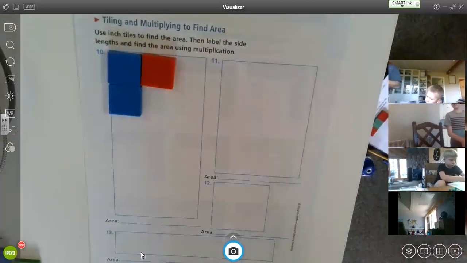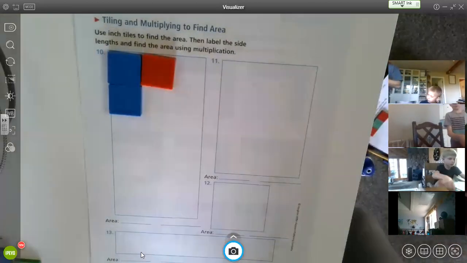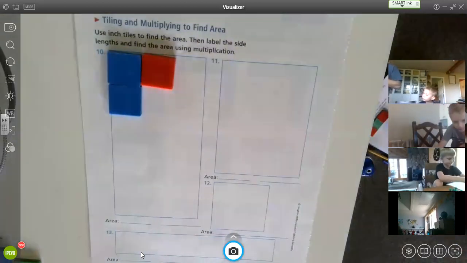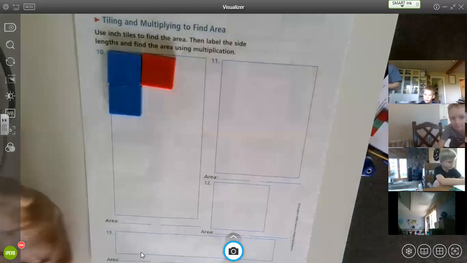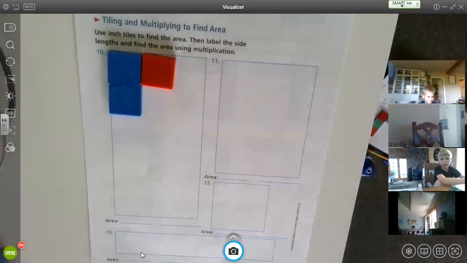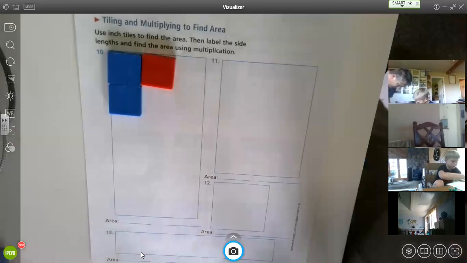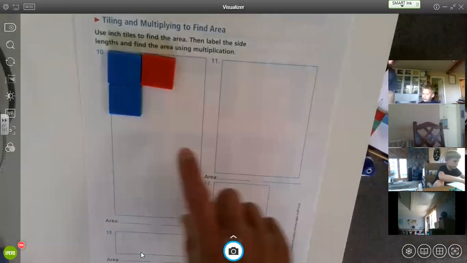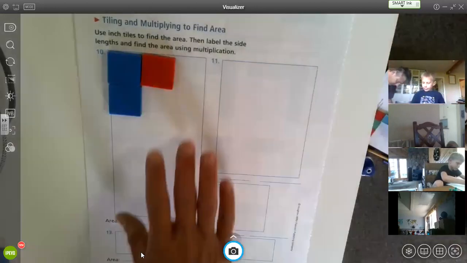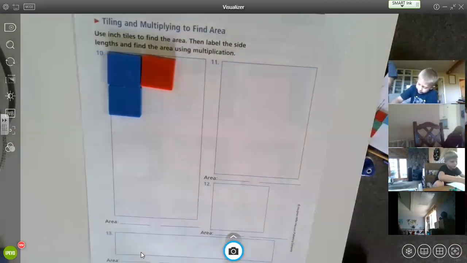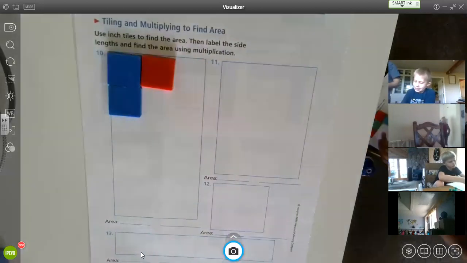You need more? That's so pretty. I lost my paper. Okay, then you're just going to have to guesstimate, and then we'll go over it, okay? See by my picture if you can figure it out.